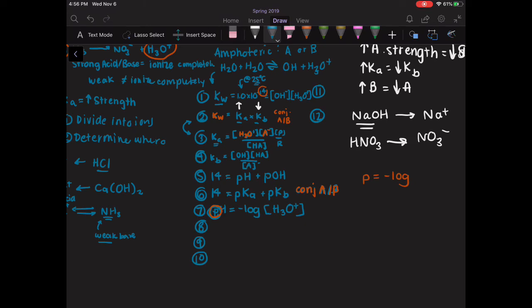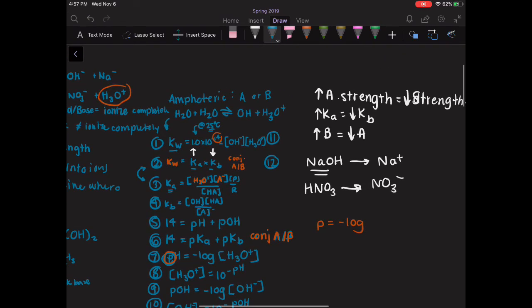So if a problem gives us the pH and wants the hydronium ion concentration, it will be equal to 10 raised to the negative pH. Similarly, pOH is the negative log of hydroxide concentration, and hydroxide concentration is 10 raised to the negative pOH.